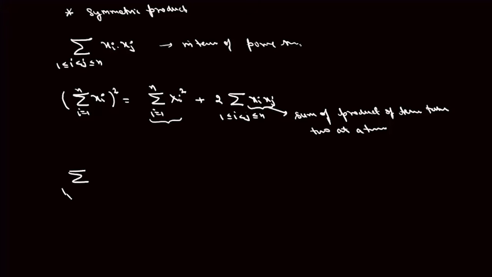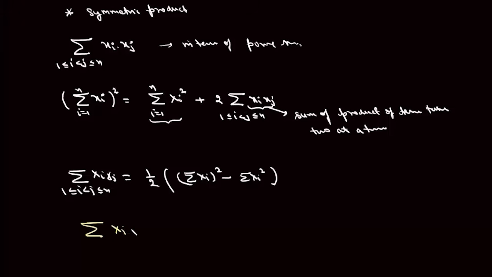So such questions become this identity. The summation over i less than j less than or equal to n of xi into xj will be 1 by 2 times (summation xi whole square minus summation xi square). And in this, if we have equality also, suppose we want to find this sum of xi xj, where 1 is less than or equal to i less than or equal to j less than or equal to n.